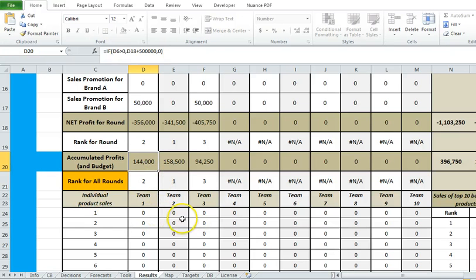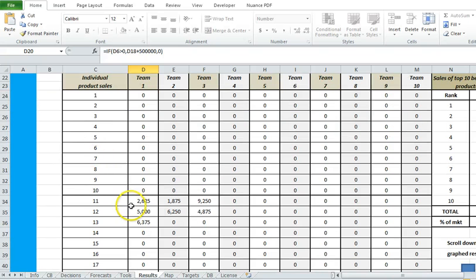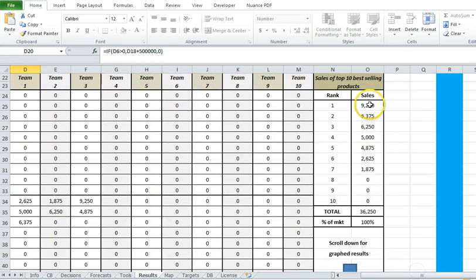Okay, underneath we have individual sales results. There's nothing in brand A, so we go down to brand B, and we can see for each of their 2 or 3 products what their sales results are. Later in the game, over here, it actually lists the top 10 best-selling products.